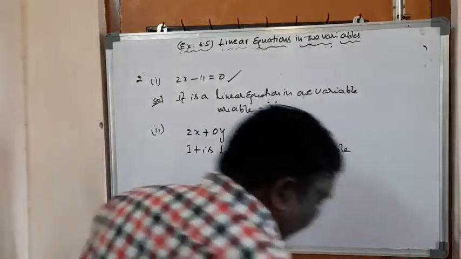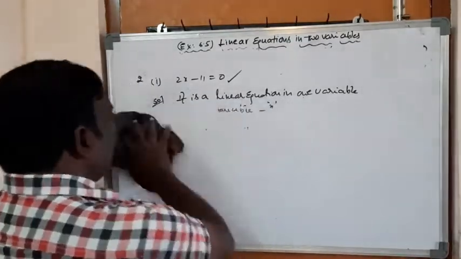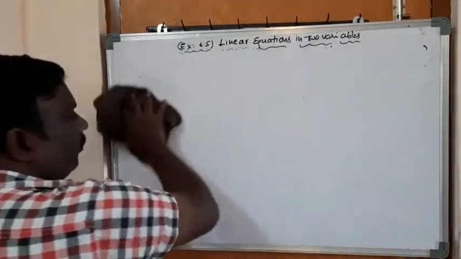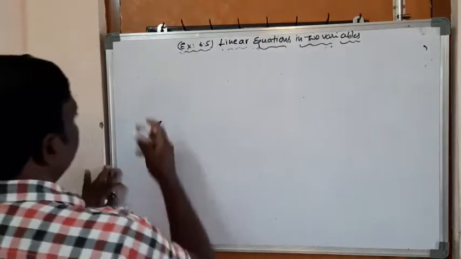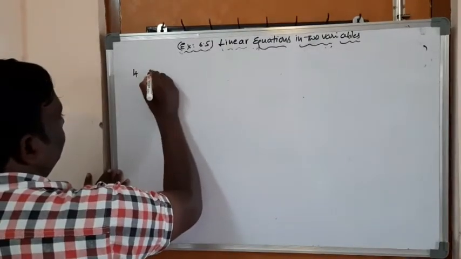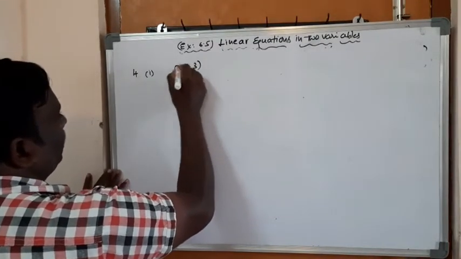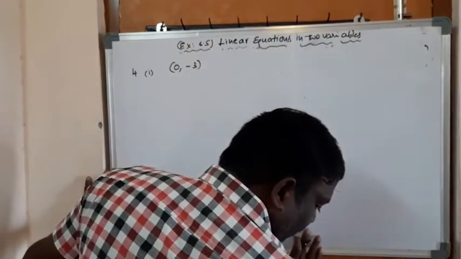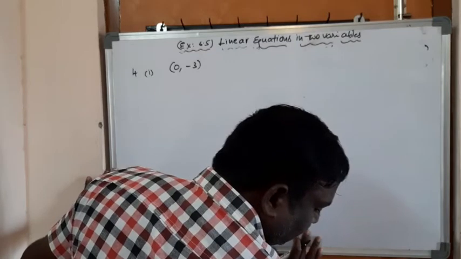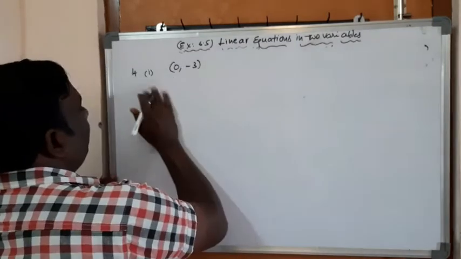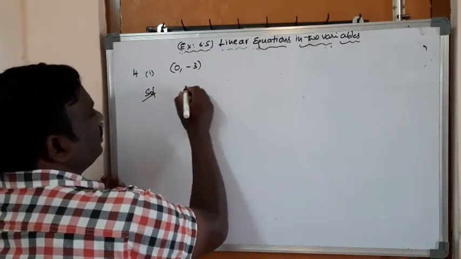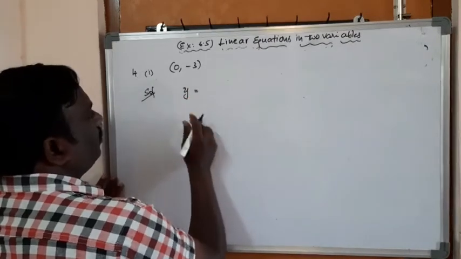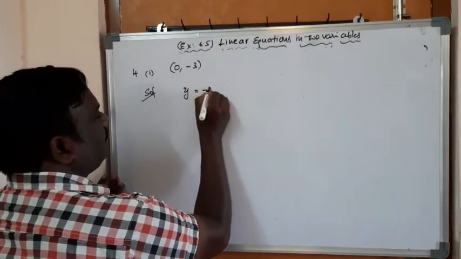First question I will tell. Fourth one, first question: 0 comma minus 3 they gave. So we have to write the equation which is parallel to x-axis. Parallel to x-axis means y equal to plus or minus k, that is minus 3.